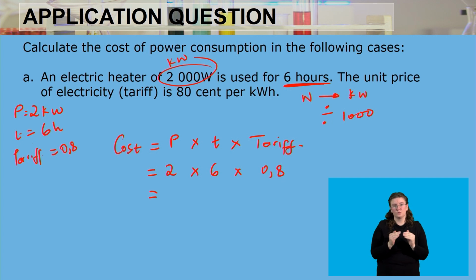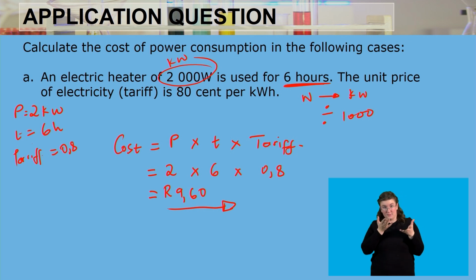We find that the cost is R9.60. So if you are using an electric heater with that wattage, which is the power, for 6 hours, and the electricity is priced at 80 cents per kilowatt hour, you are going to be paying R9.60 for those 6 hours.